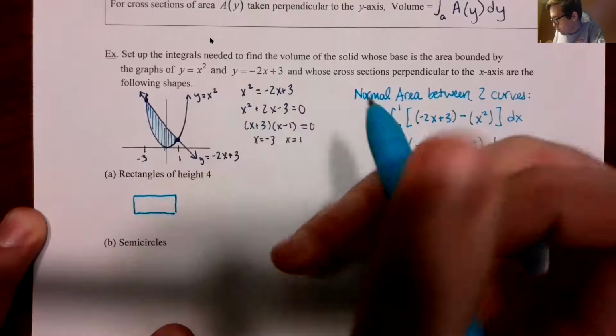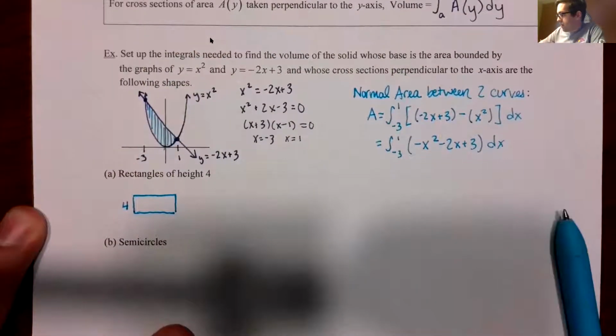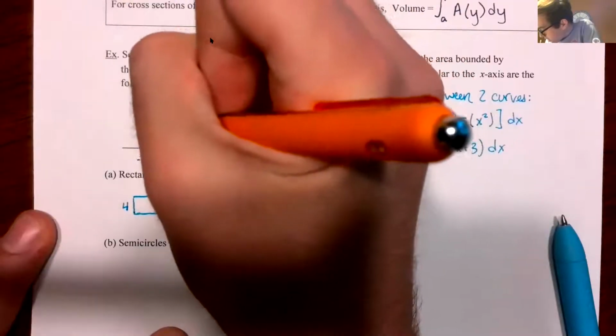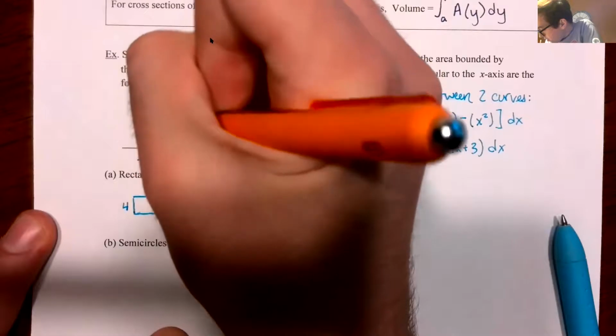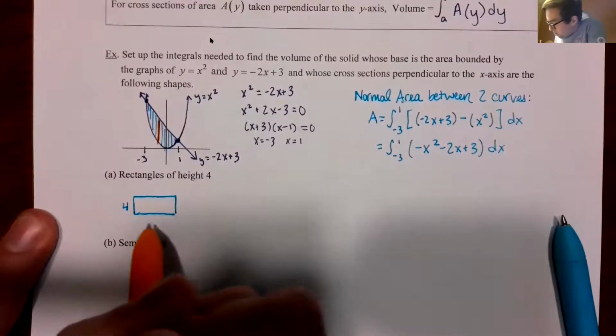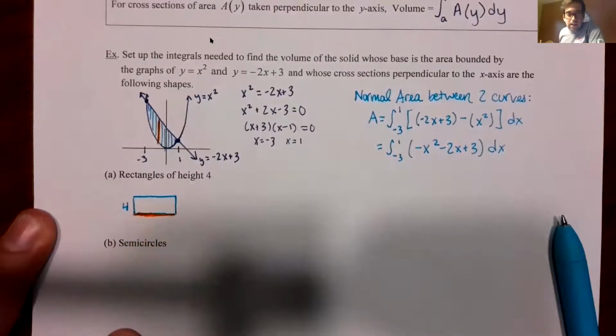So here's a rectangle. The rectangle has a height of 4. And what we want to think about is that each one of these slices up here, so maybe I can shade this one in right here, that length, that line segment, is going to be serving as the base of each rectangle.